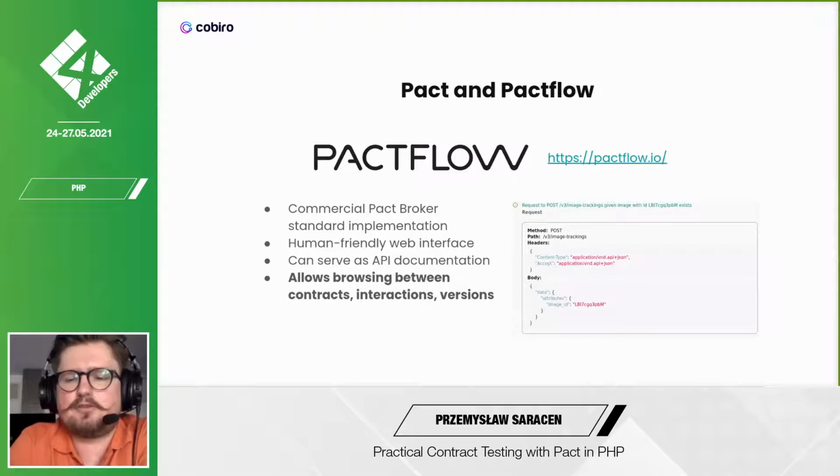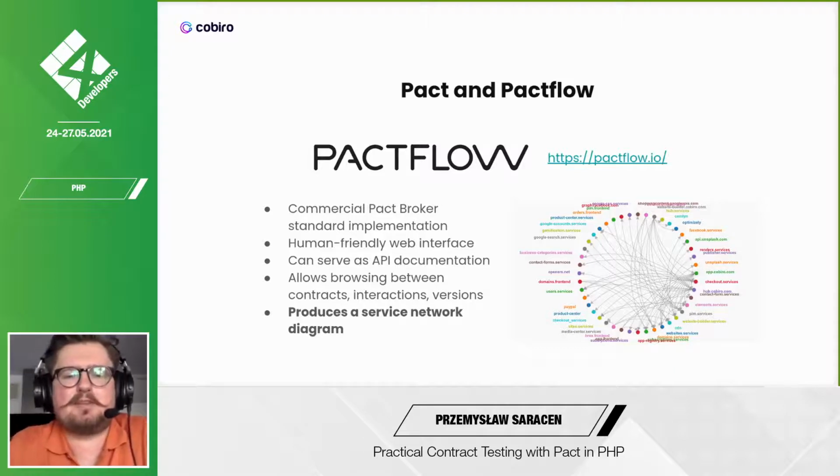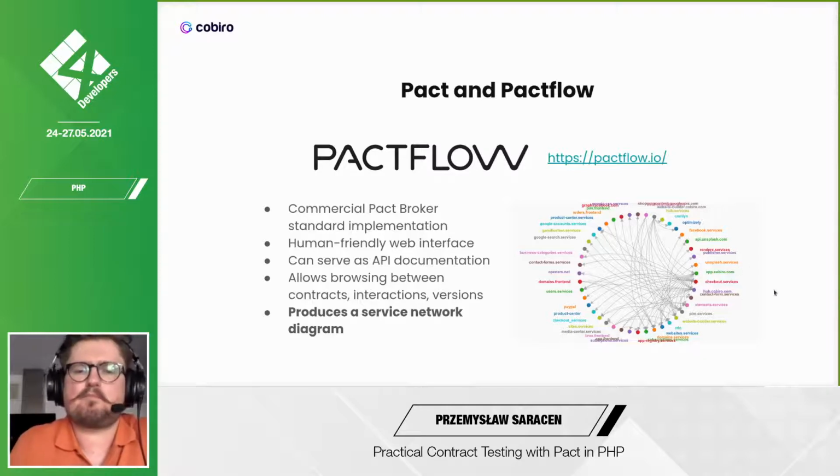We can browse all contracts, interactions, versions, because yes, contracts are versionable, and also we can produce a nice looking service diagram. Well, this one is not particularly nice looking. It's a bit cluttered. But if we, for example, hover over one of those microservices visible in this diagram, the others will be grayed out, so we can see directly which microservices our currently chosen microservice interacts with.